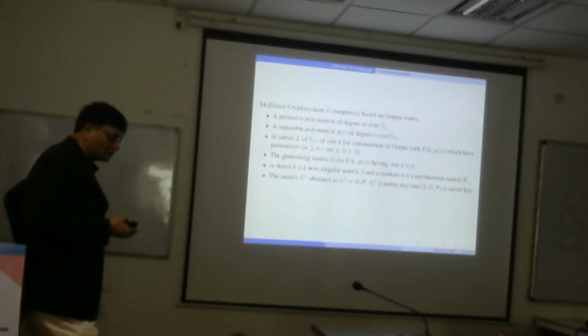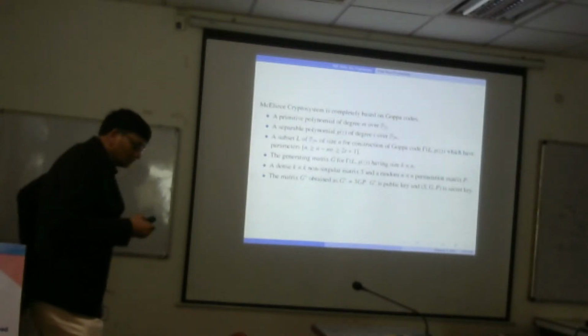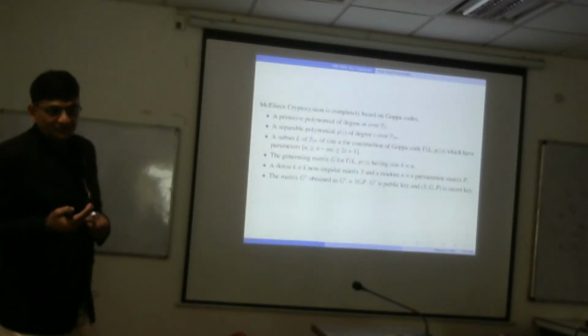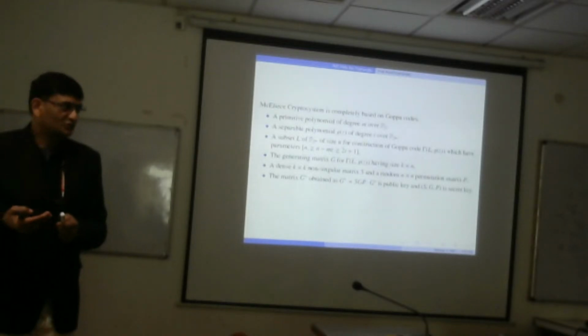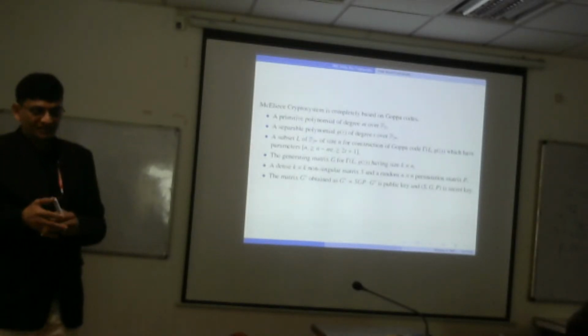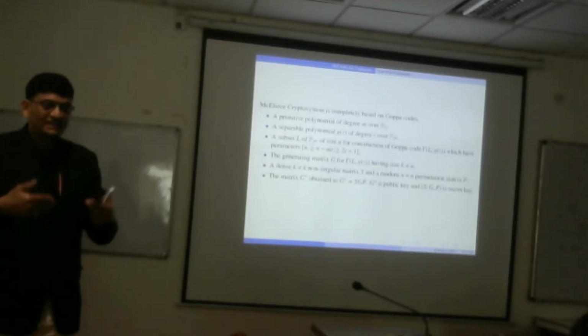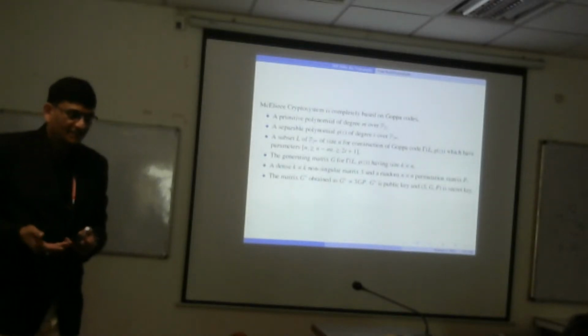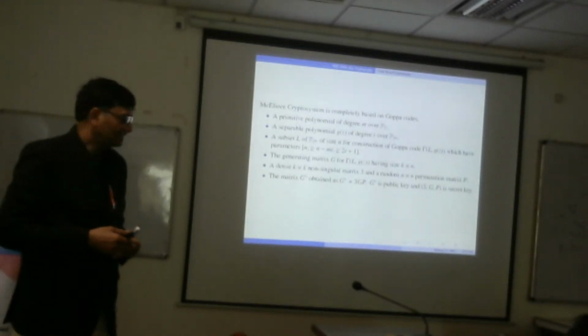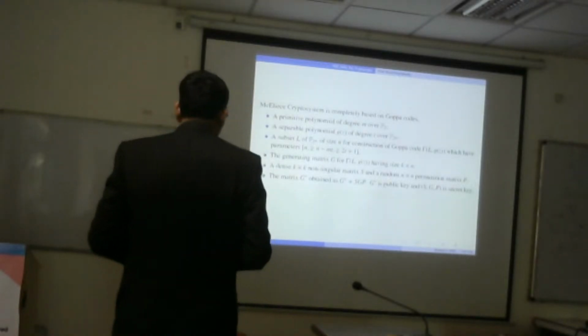We have Reed-Solomon codes, Reed-Muller codes, Hamming codes, and many more. So what kind of code should we choose to design the system, so that we can do encryption and decryption fast and reduce the key size? That is still challenging.